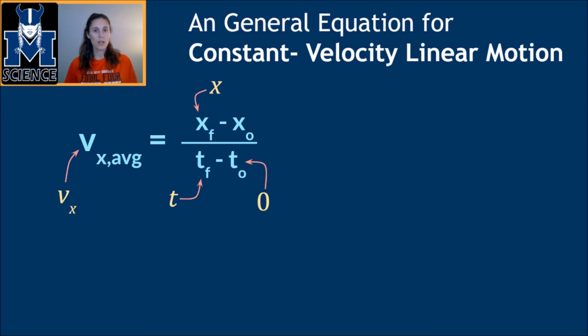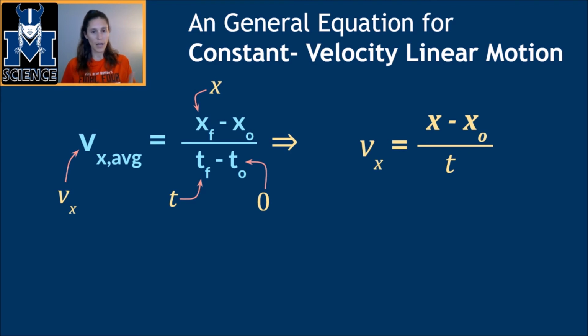And we saw in a lot of these examples that the initial time was 0. So let's keep our initial position as x naught, but let's turn our t naught into just 0. So we get this equation that Vx equals x minus x naught over t.